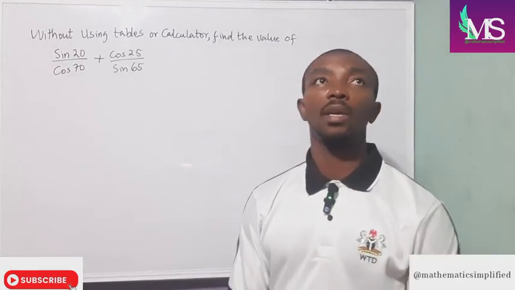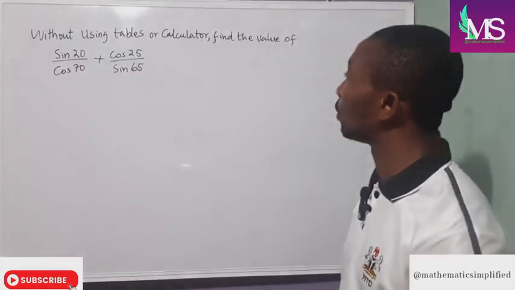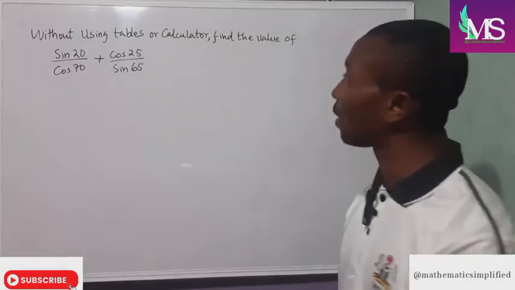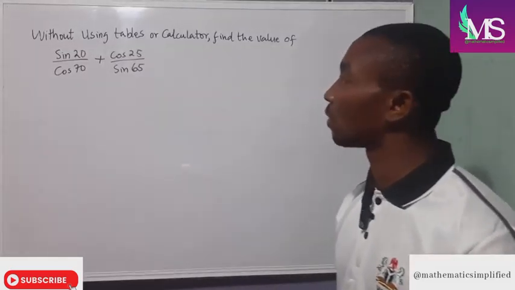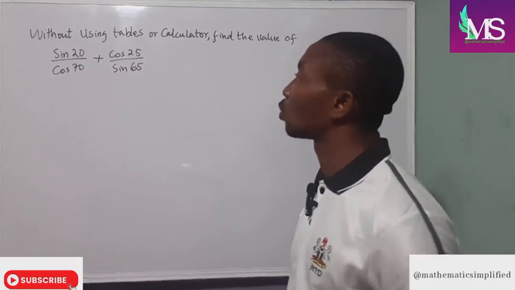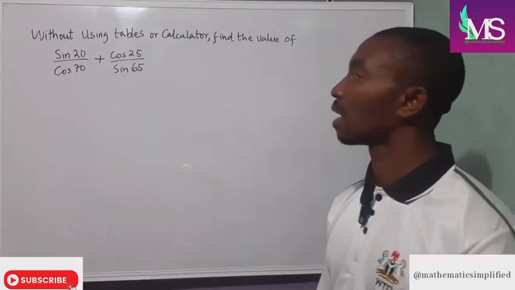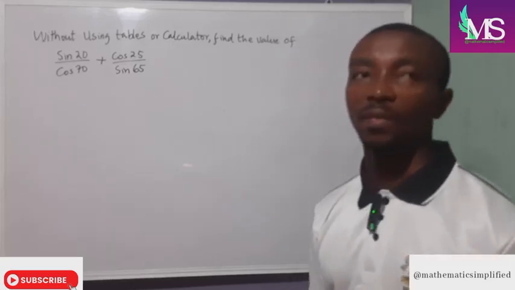Our next question says, without using tables or calculator, find the value of sine 20 divided by cos 70 plus cos 25 divided by sine 65.